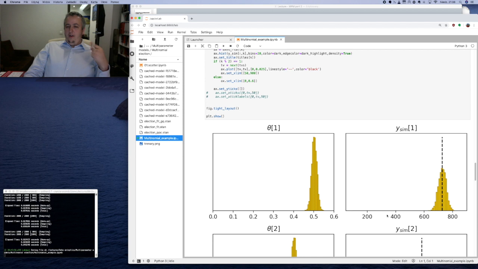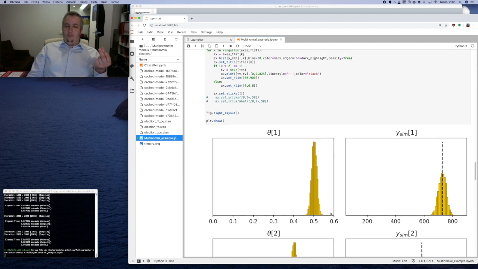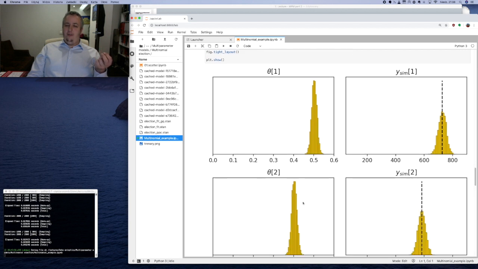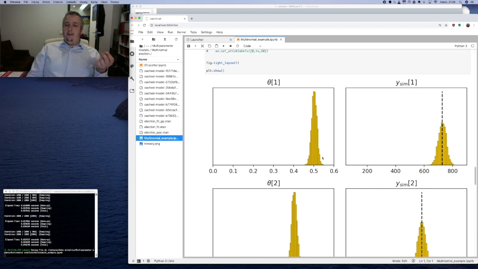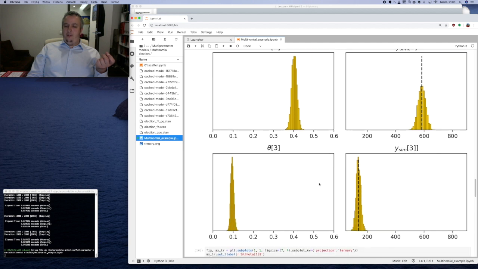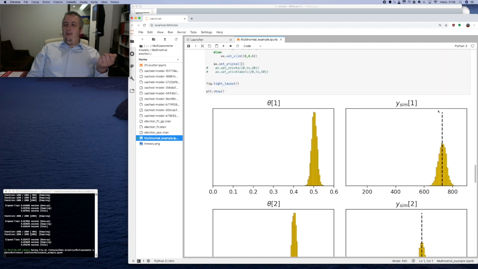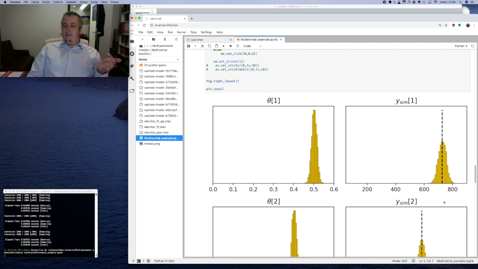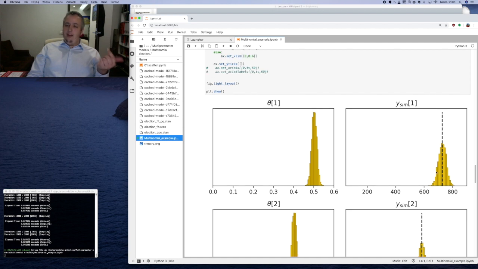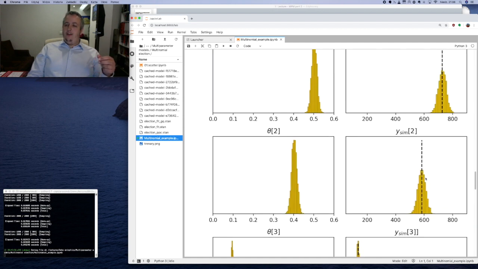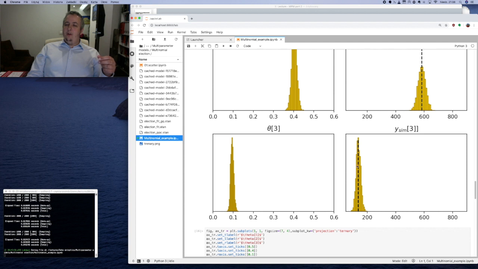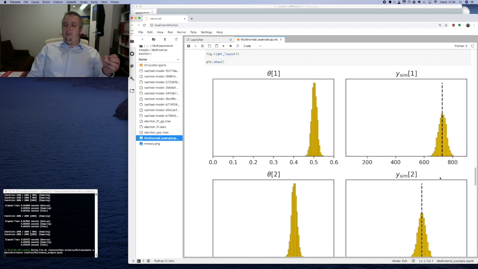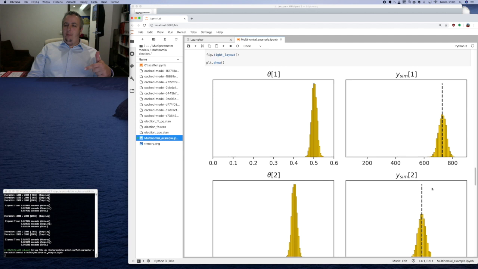Compared to our previous distribution, we have very nice tight unimodal distributions located at certain values of theta 1, theta 2, and theta 3, and our predicted or retrodictive samples from our model have means exactly in the middle of what we were able to estimate.